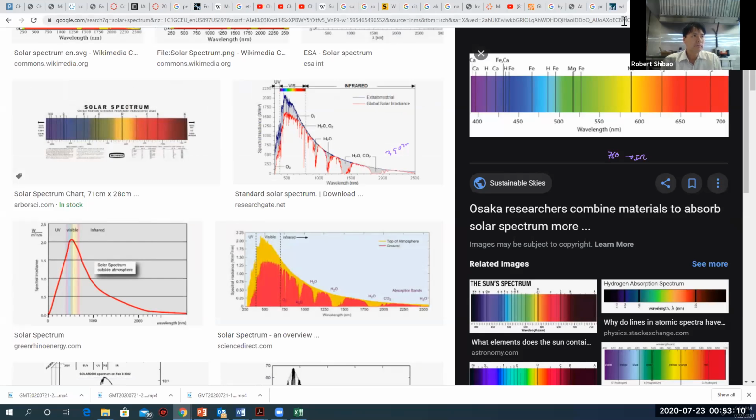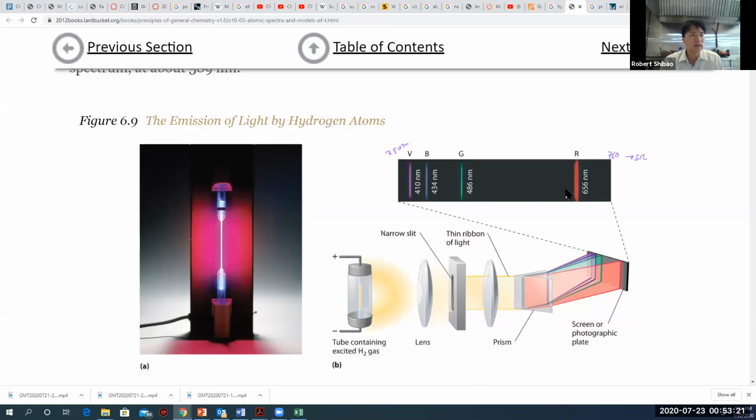And so the pattern can be fit mathematically. Oddly enough, this pattern fits a mathematical equation called the Rydberg law.